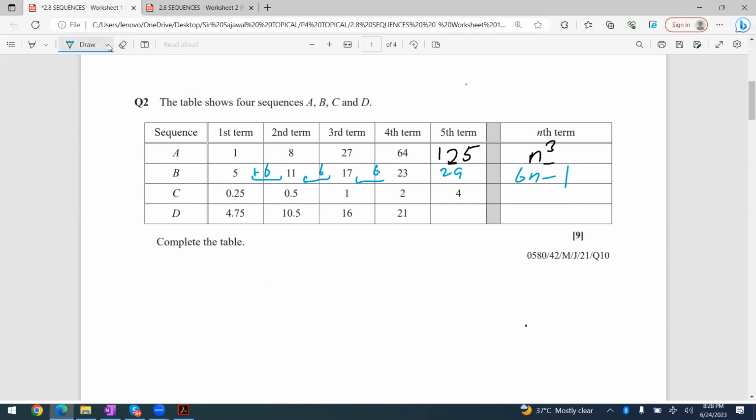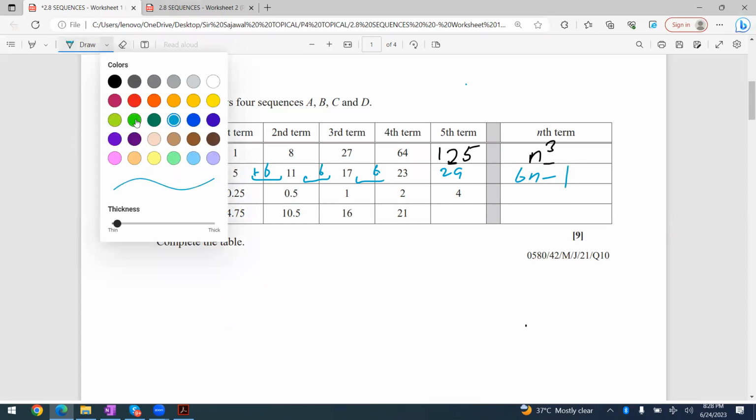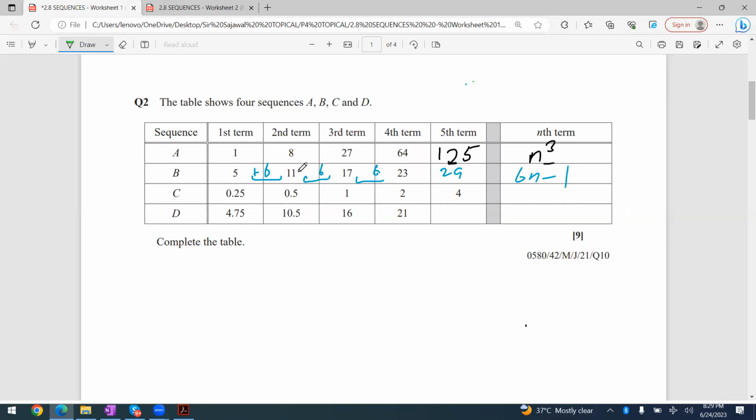Okay. Let's do the third one. Third one, as you can see, they are just multiplying with 2. Multiply 2 with 0.25, 0.5. Again, multiply by 2. Multiply by 2.